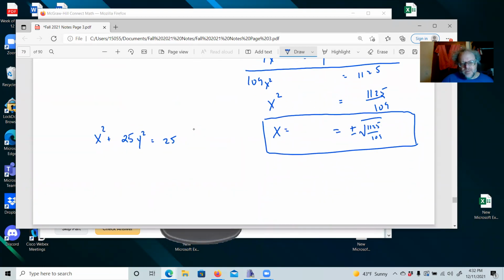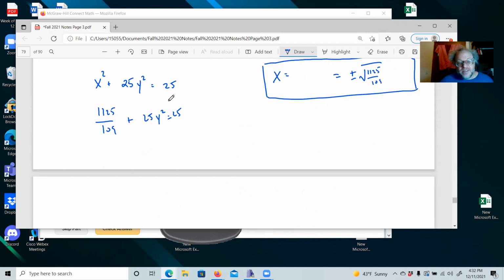What's x squared? Well, x squared is 1125 over 109, plus 25y squared is equal to 25. So we're just going to subtract. This is going to be 25y squared is equal to 25 minus 1125 over 109.